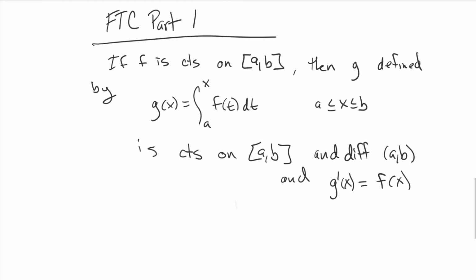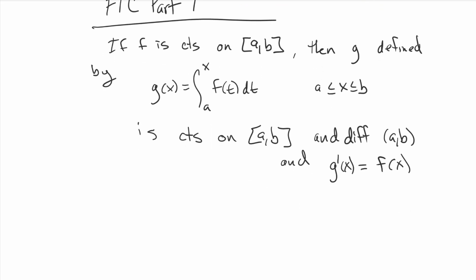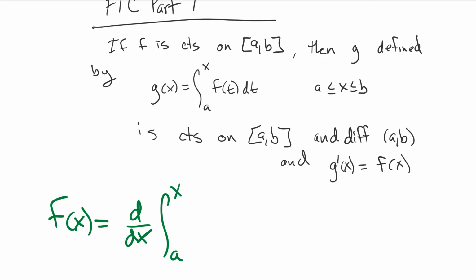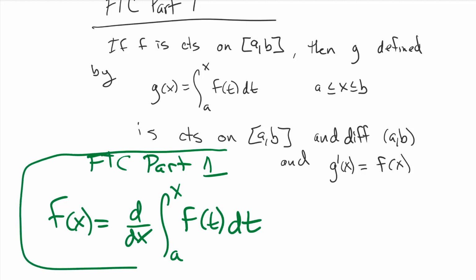But we're going to think about it this way. f of x is equal to the derivative with respect to x of the integral from a to x of f of t dt. When I think of FTC part 1, this is what I think. Now, this doesn't have all the bells and whistles in it.